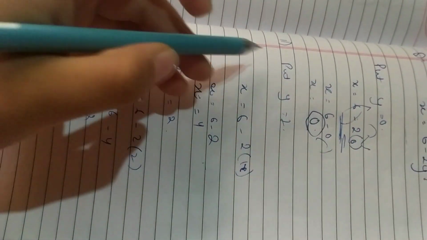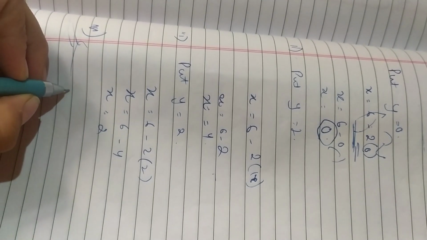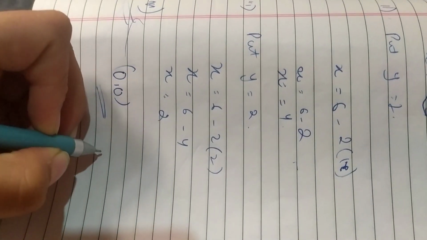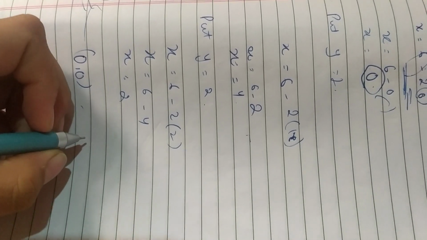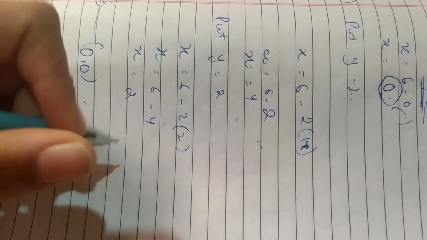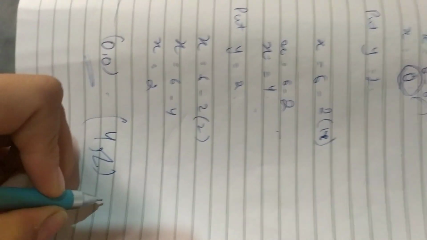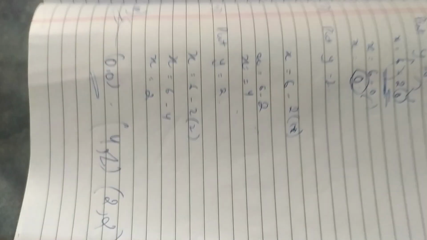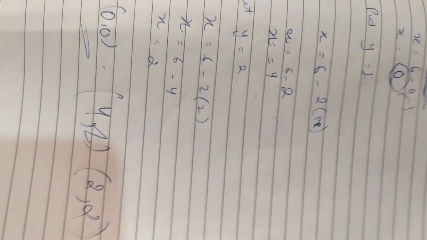So the answer of first will be x we find as 6 and y is 0. Second is x is 4 and y is 1. Third one is x is 2 and y is 2. I changed the pen because the previous one was not working well, but this is.